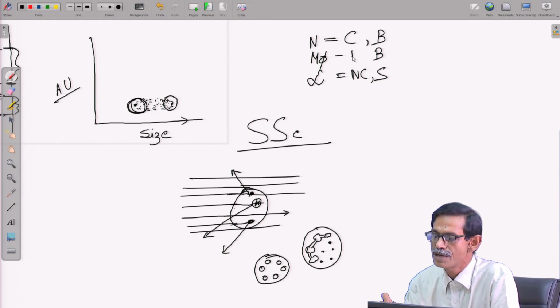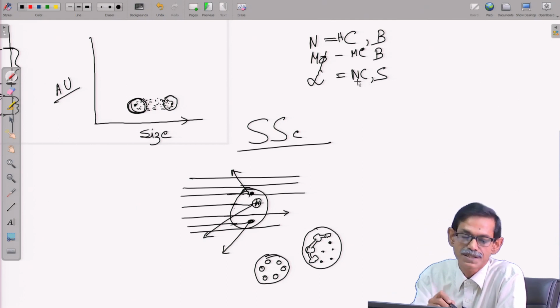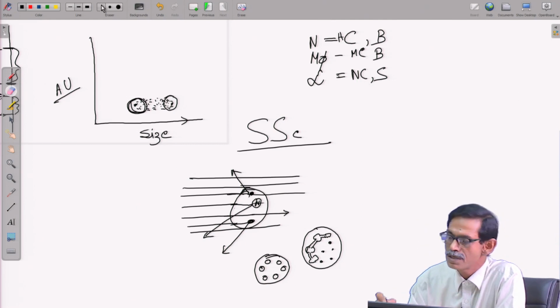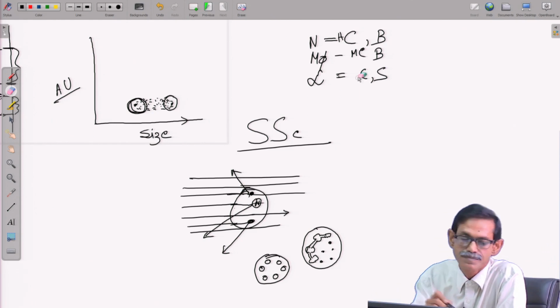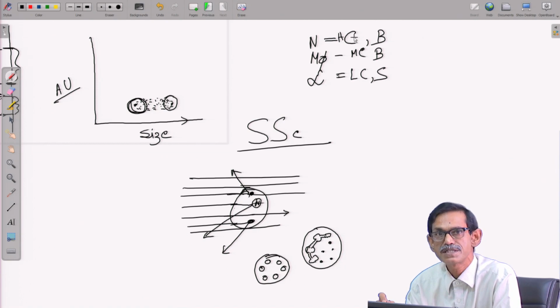I can say high complexity, medium complexity, or low complexity. So, high complexity is the neutrophil, medium complexity is the macrophage, low complexity is the lymphocyte. Size, they are big, this is big, this is small.